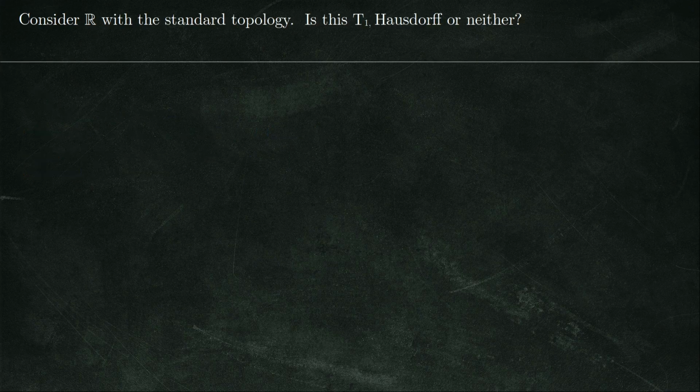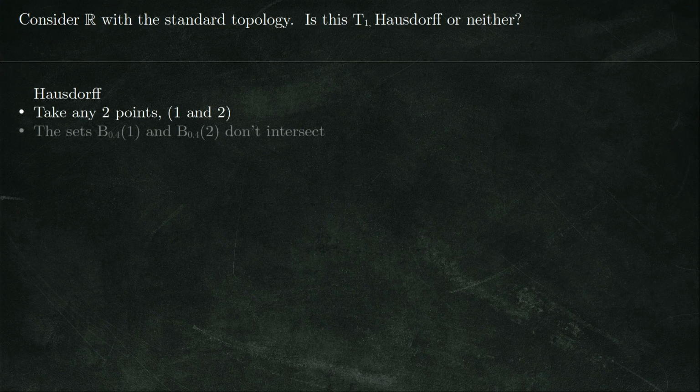Our next example is R with the standard topology. Is this T1, Hausdorff, or neither? Have a go on your own and then come back to the video. Now you've had a go, let's go through. This space is Hausdorff. We can show that by, as always, taking any 2 points. Then these sets are open balls of radius 0.4, centered around 1 and 2.